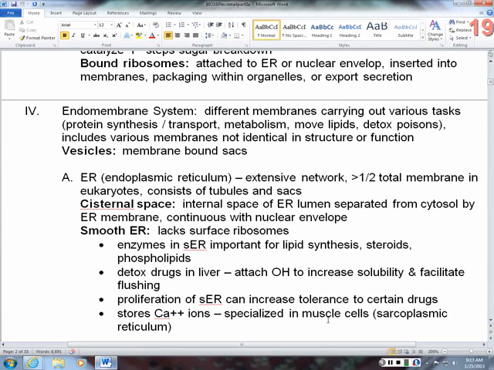It's more like the intestines inside of it. And it's actually continuous with the nuclear envelope. So if you've got your cell here and your nuclear envelope, this actually continues out to make this endomembrane.